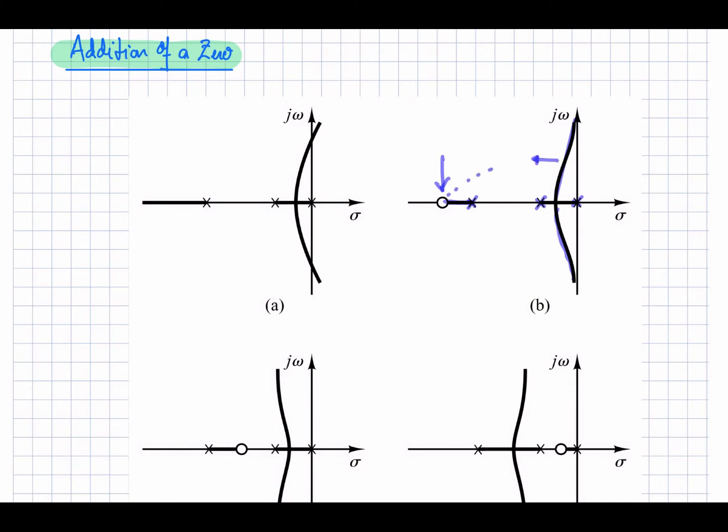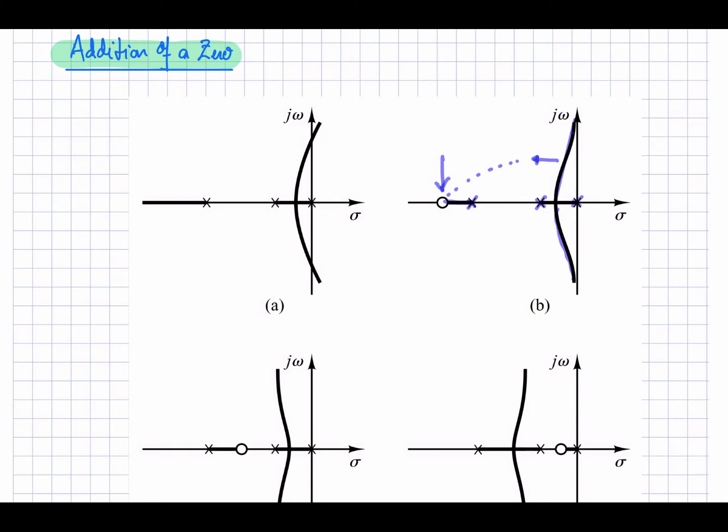This zero is attracting this root locus, pulling it toward itself. As compared to this portion, this has moved in this direction. So your root locus is shifted towards the left, and the stability is improved.